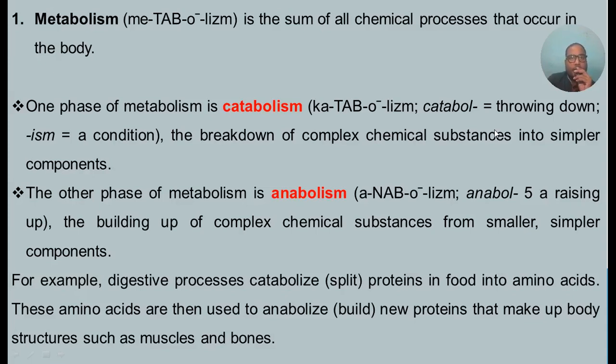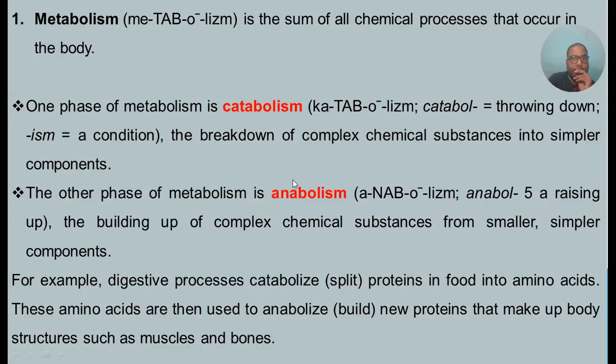So there is always breaking down of complex macromolecules and building up of complex macromolecules. Smaller molecules form complex molecules when our body needs that complex molecule, and complex macromolecules are catabolized into simpler form when required. So the body does both kinds of activities, processes, for its survival, for its need.